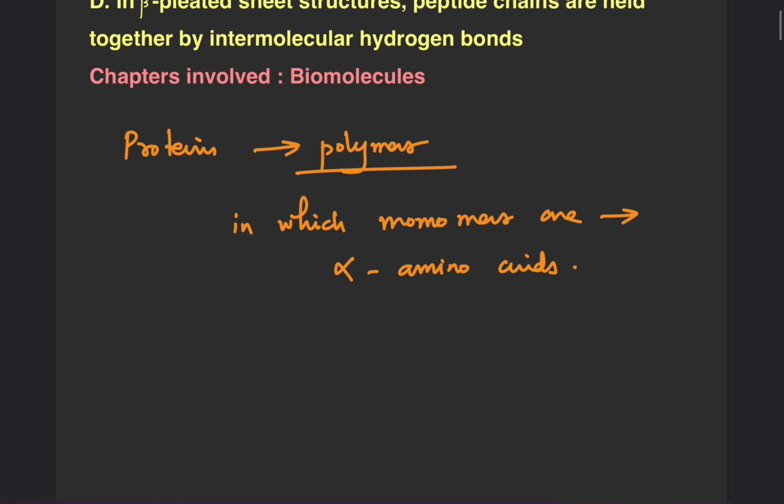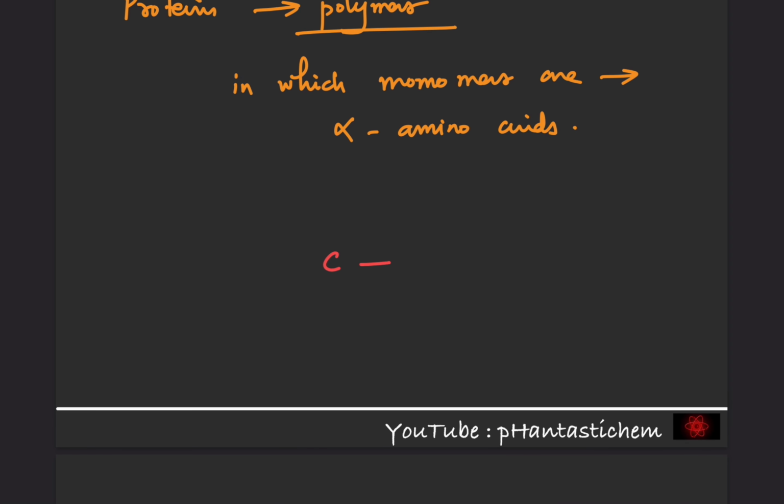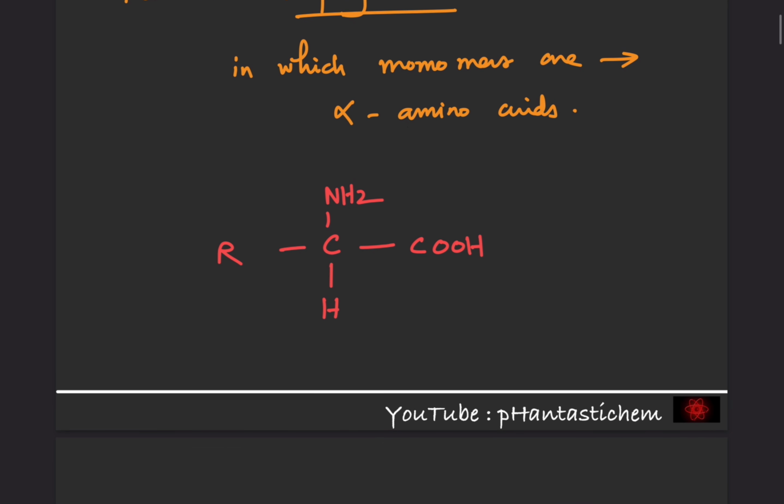Okay, so alpha amino acids can be generally represented as carbon connected to COOH, connected to R, connected to H, which is connected to NH2. Okay, so this COOH is the main functional group, which is the carboxyl group.